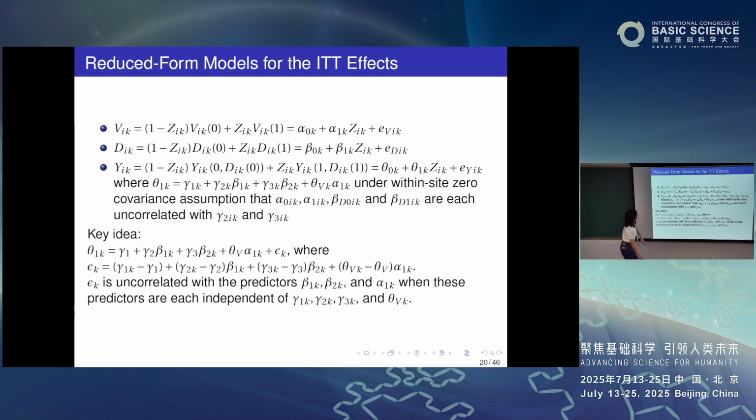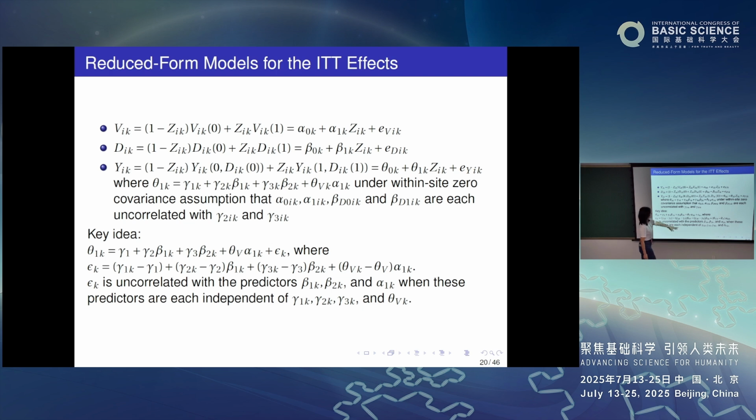But in this process, in order to have the residual be uncorrelated with those predictors, you have to impose some assumptions. Here, for this result to hold, you have to impose some within site zero covariance assumptions. So those are the parameters in the V model and the D model, and those are the impacts of D on Y in the outcome model. You have to assume that each of those parameters is uncorrelated with those gamma parameters.